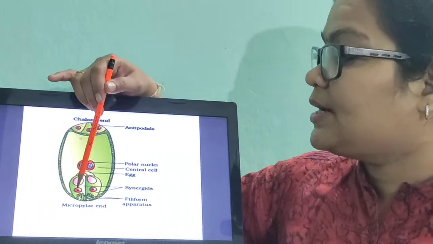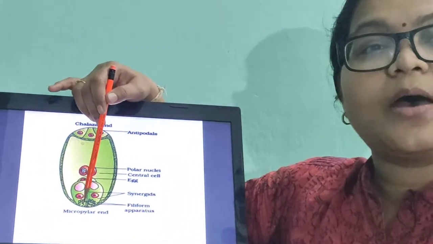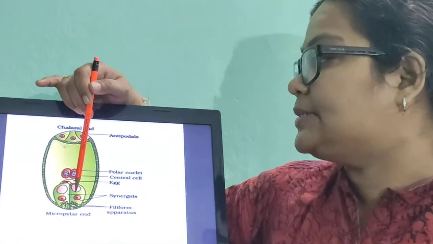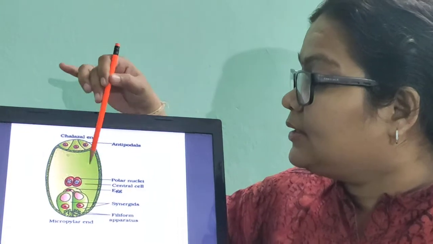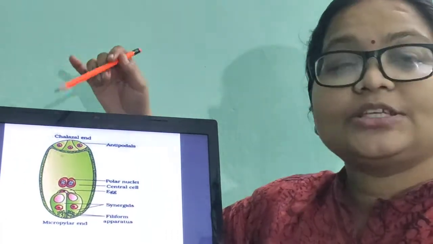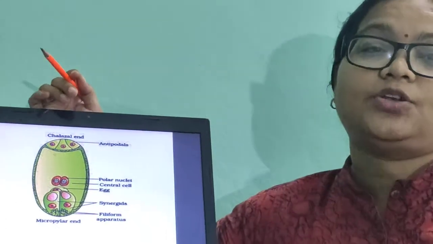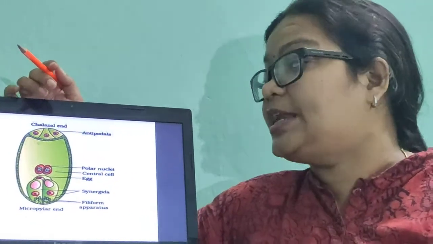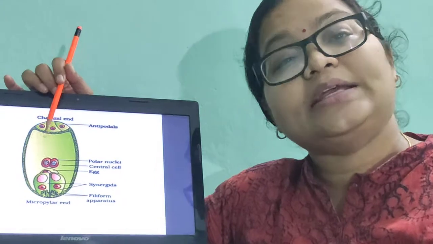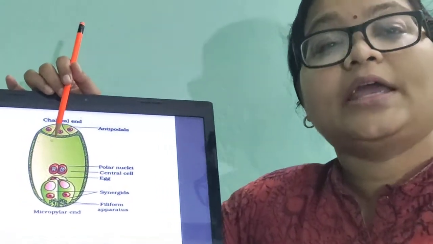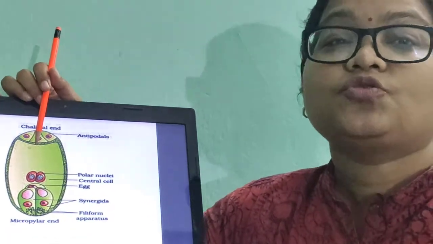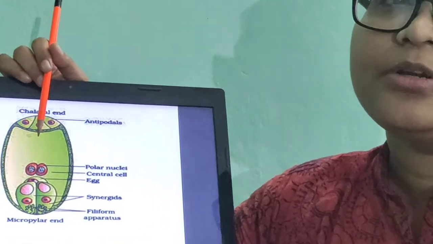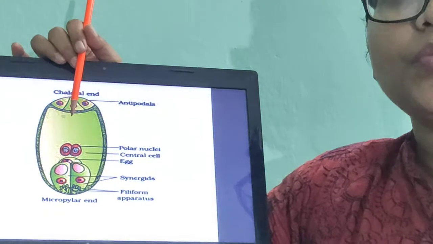Here the synergid has the filiform apparatus for guiding the movement of male gametes, and the central cell is responsible for the formation of endosperm after fertilization. After fertilization, the central cell leads to the formation of endosperm, which is a nutritive tissue and provides nutrition for the development of the embryo.